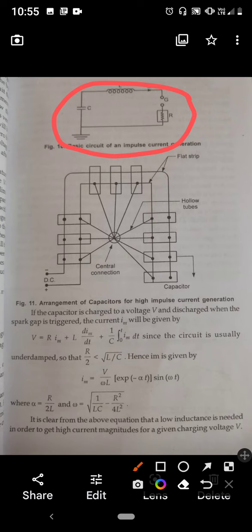So you are looking at a capacitor. It is not a single unit of capacitor.